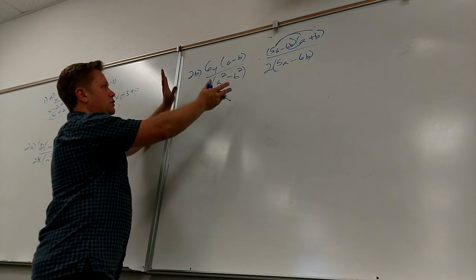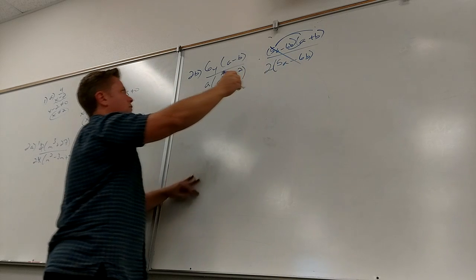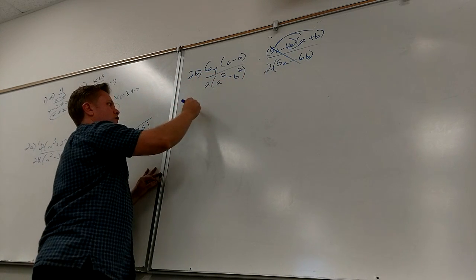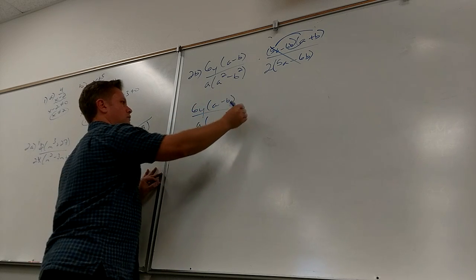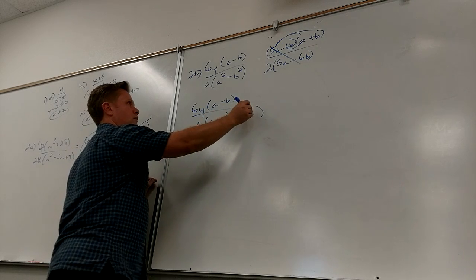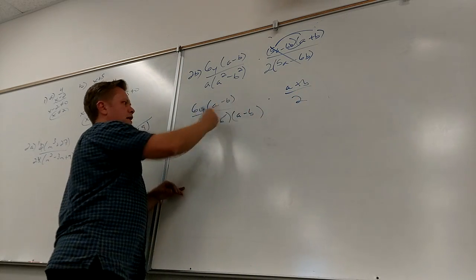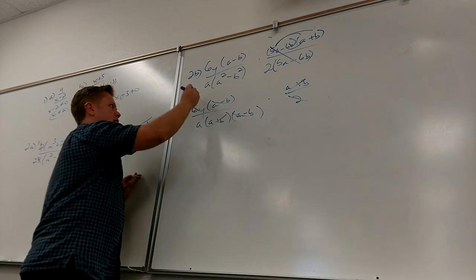What's the last thing I can do something with? I'm not done factoring, right? I can kill those. Yeah, this can be factored further. And over here I got a plus b over 2. So then 2 goes into 6 3 times.